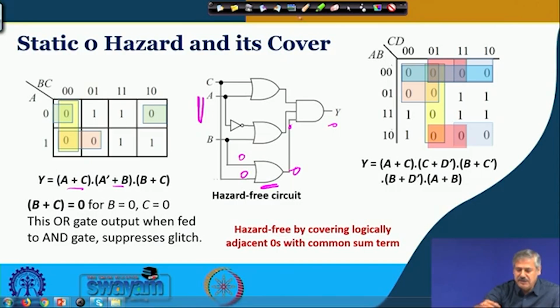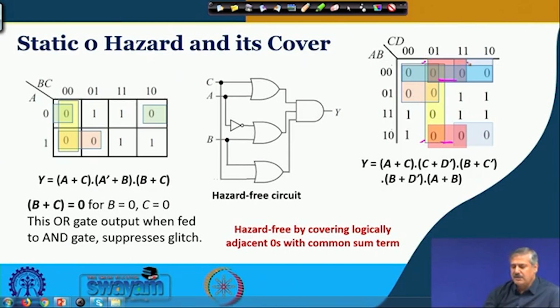So, now we look at the other example, the 4 variable example, and there are 3 possible glitches that were to be covered. In this case, to cover these two zeros, we can form a larger group, isn't it?